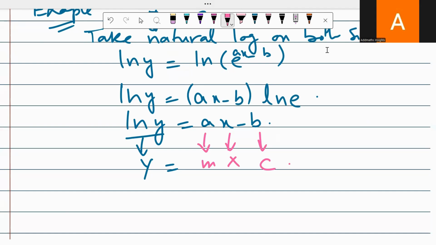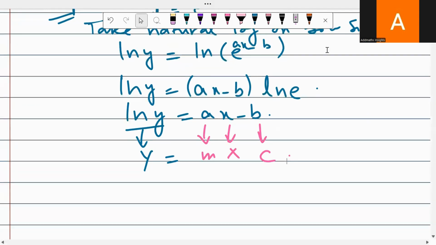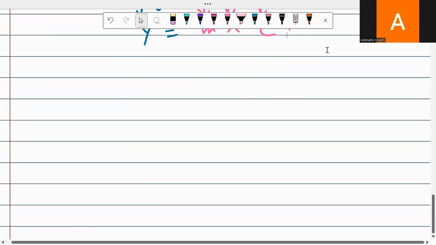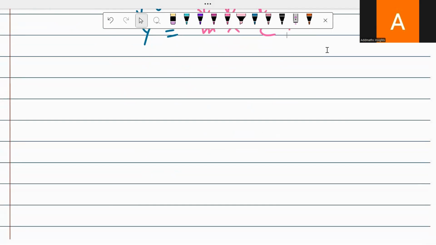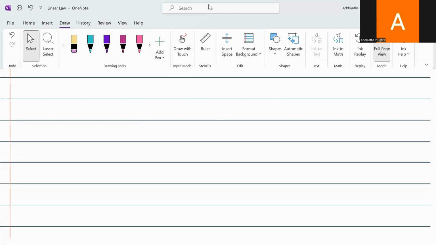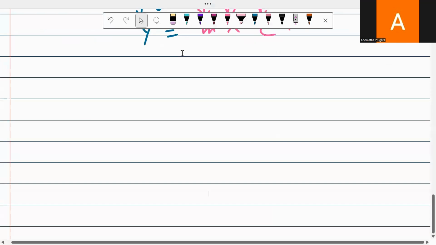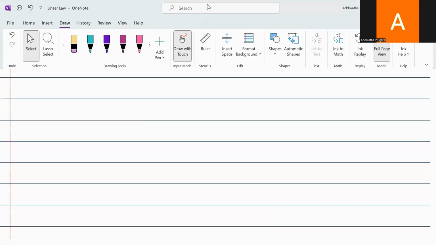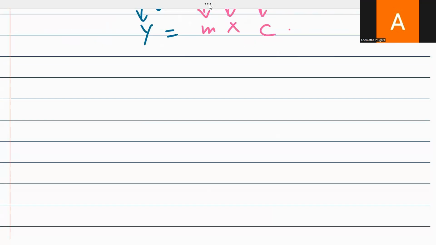Now I give you examples in which you will learn to convert from a linear form to a non-linear equation. And you know that the graph of a linear equation will be a straight line.